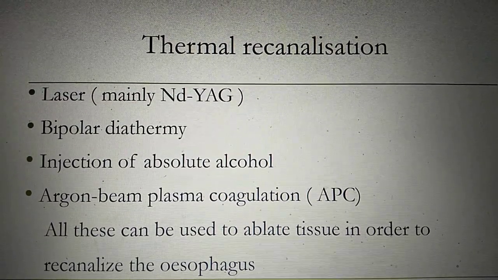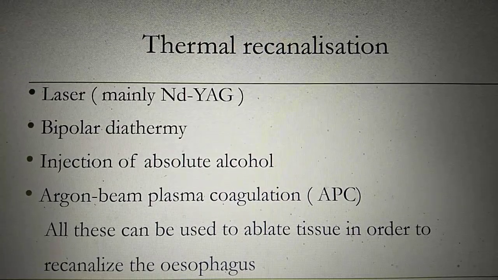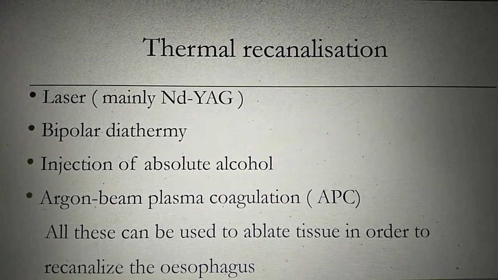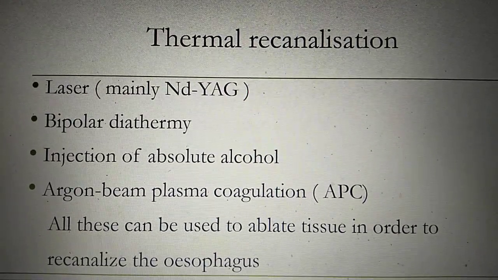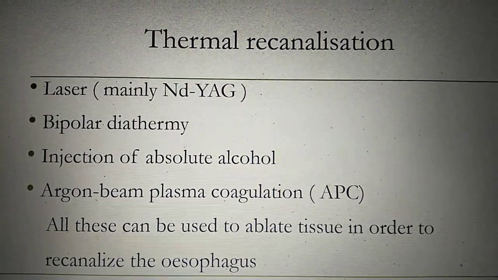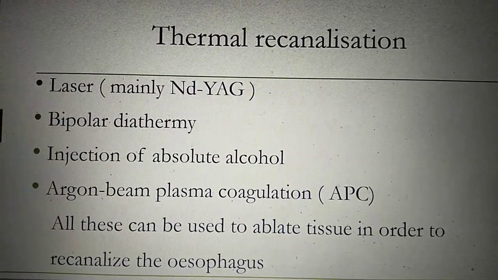For esophageal varices these modalities can be used, and all of these can also be used to ablate tissue in order to recanalize the esophagus whenever we want to make a lumen through the stricture or through the mass.